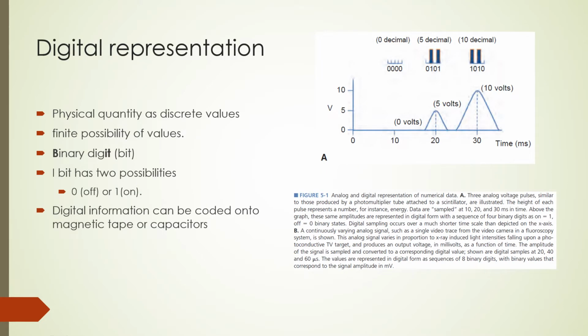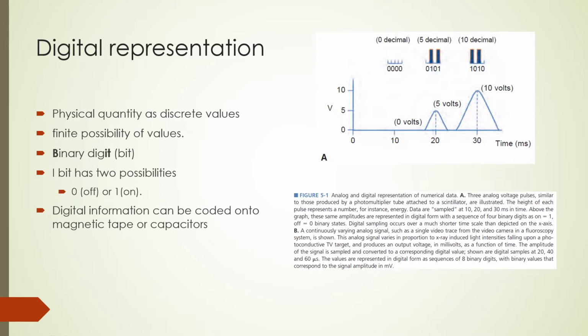In digital representation of information, the information is represented by a physical quantity that is allowed to have a limited number of discrete values at any moment in time. There are only a finite possibility of values between the lower and upper limits of the representation. If a portion of a discrete signal is limited to one of two values, it is called a binary digit or bit.